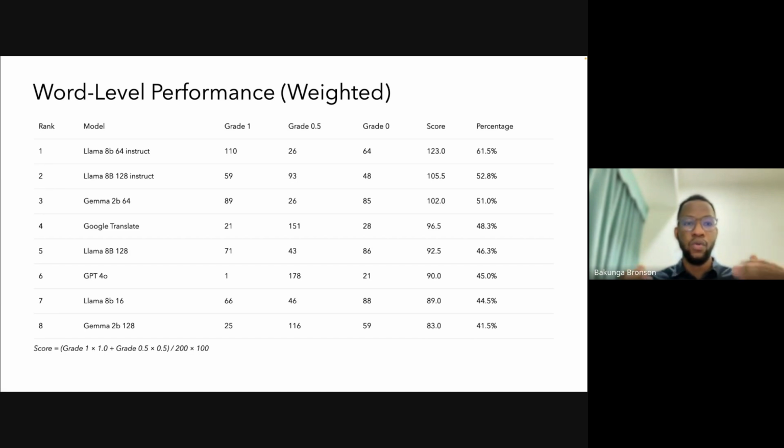We give the judges the output of, for example, the 200 words from the first model, the Llama 8B64 Instruct, and then we give it the correct outputs of those words. And then we tell it, you have been given both words.